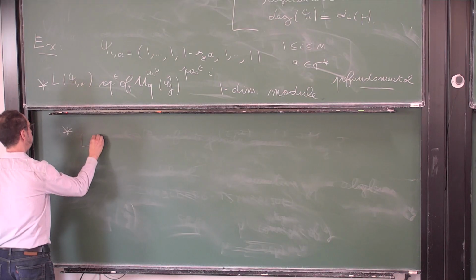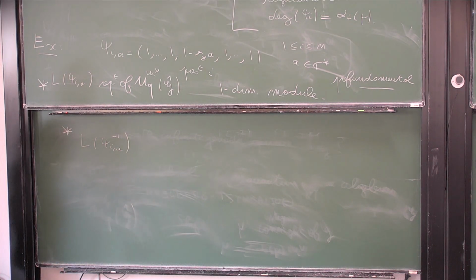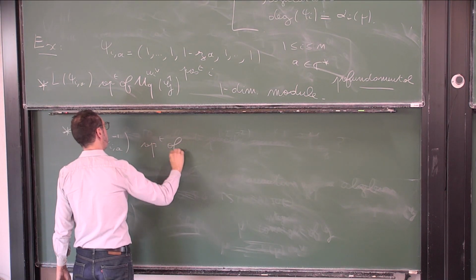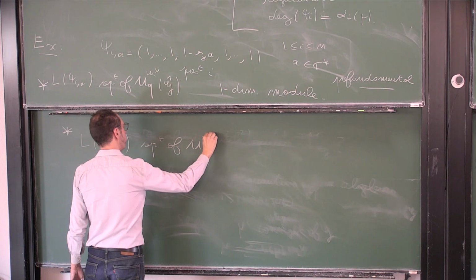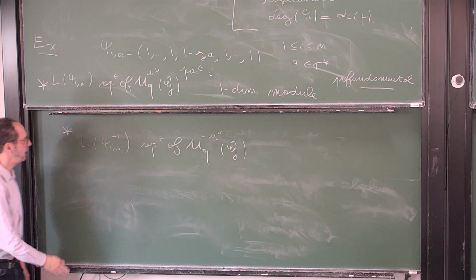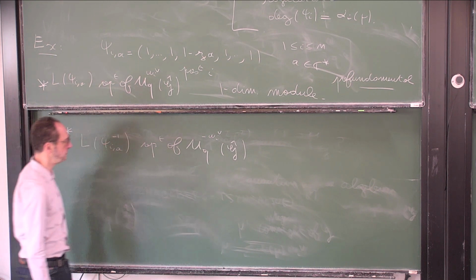So if you take this one, in fact this one is a representation mu q. And this one is infinite dimensional.